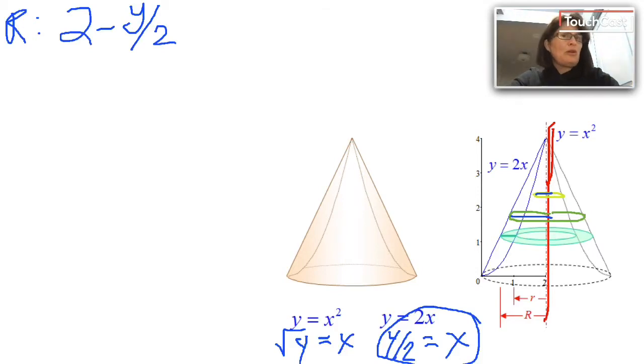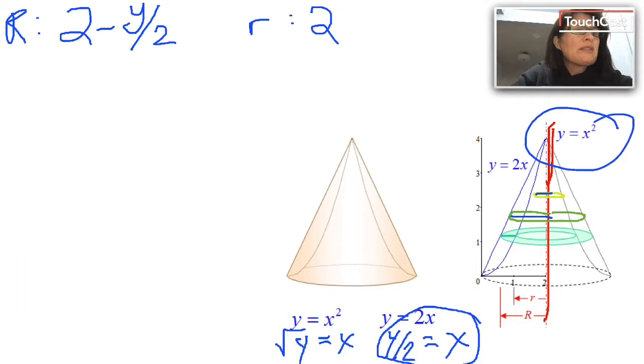That's going to be my capital R. My little r, I started my radius in the same place at x equals 2, and I bumped into the curve y equals x squared, but I'm going to think of that as x equals square root of y, because I need an expression for the x coordinate.